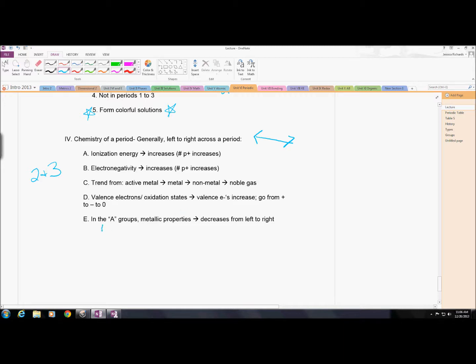The A groups, that's groups 1, 2, and then 13 through 18, the representative groups, so ignoring the transition metals, we see a decrease in metallic properties as you go from left to right. All of these trends kind of level out in the transition metals, so we tend to ignore them when we're looking for general trends. All right, hopefully your periodic table is now a very useful, helpful tool and will help you in all the rest of your chemistry work.